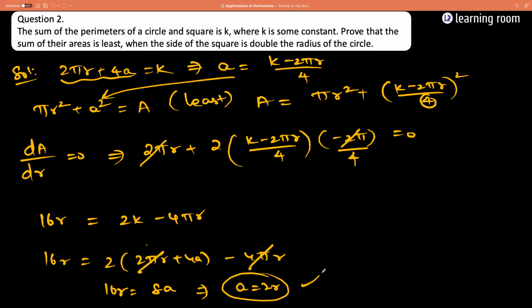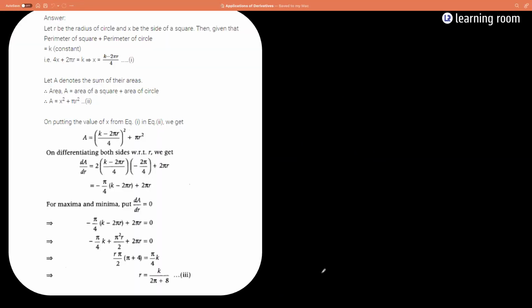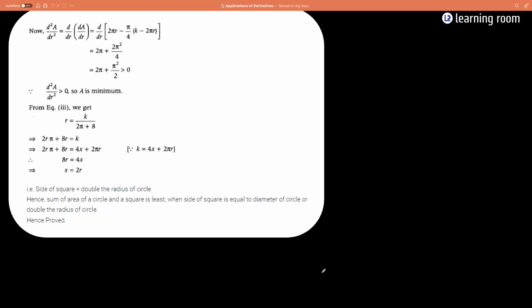Am I clear with this? Yes, sir. So a will be 2r. See, second derivative part I'm not going to do in the problems. Okay, you guys concentrate on that.